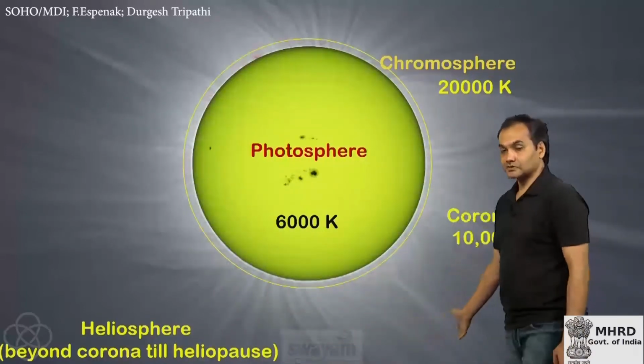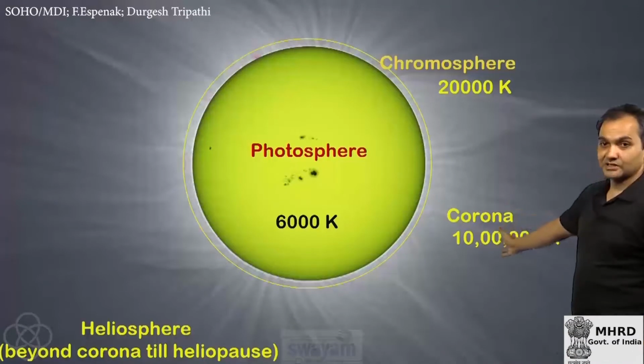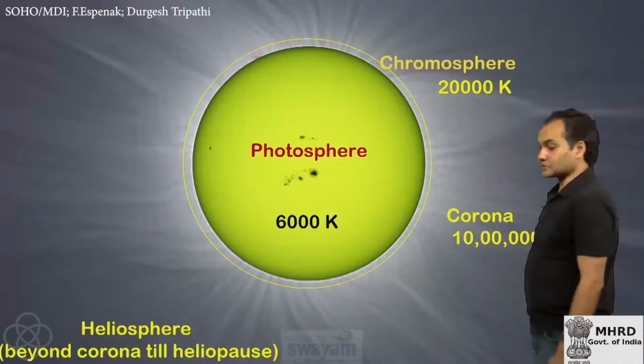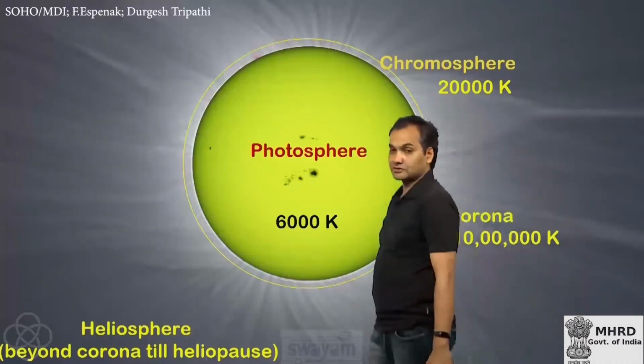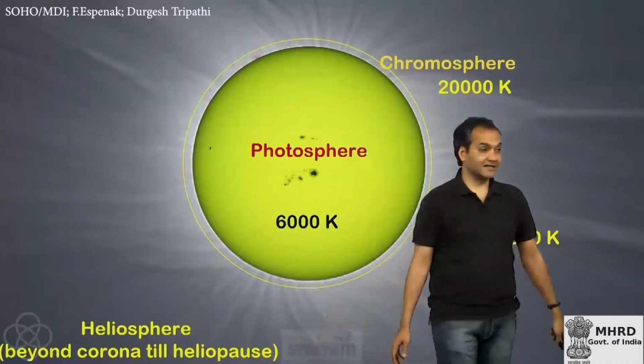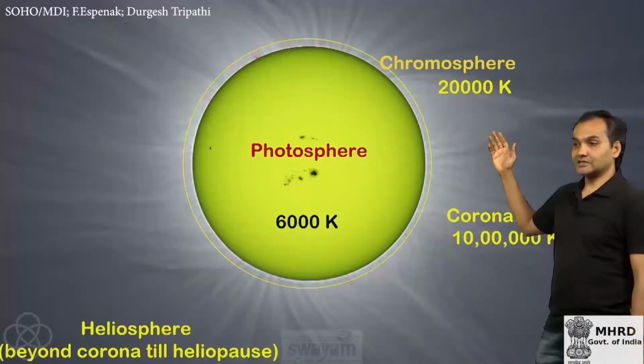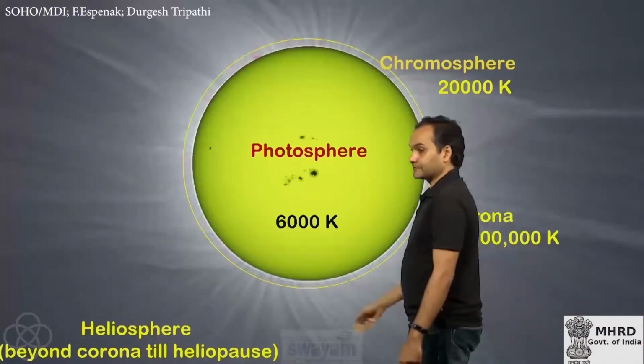That is your solar corona emitting at 1,000,000 degrees. In between you have the solar chromosphere, which, as I will show, belongs to various different spectral lines, and that is roughly around 20,000 to 30,000 Kelvin.